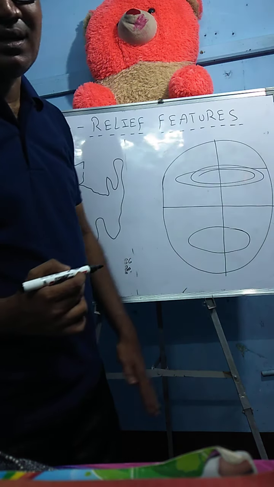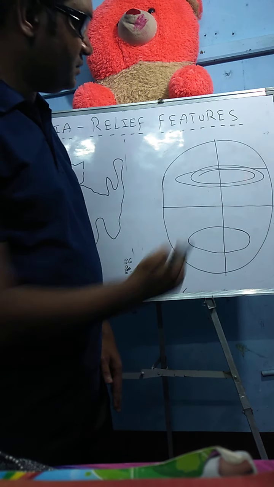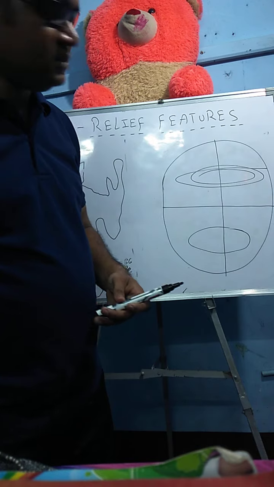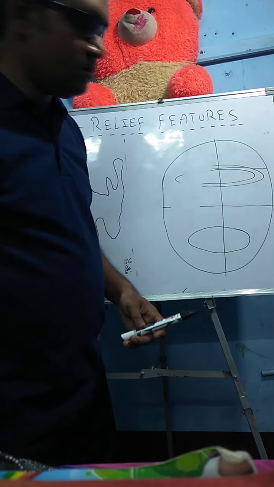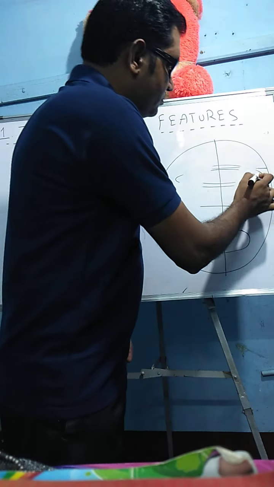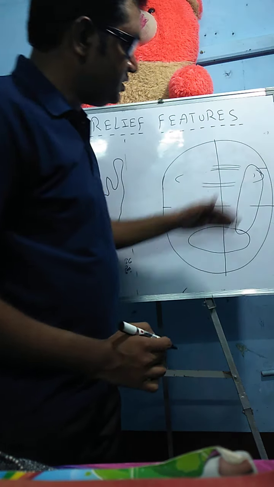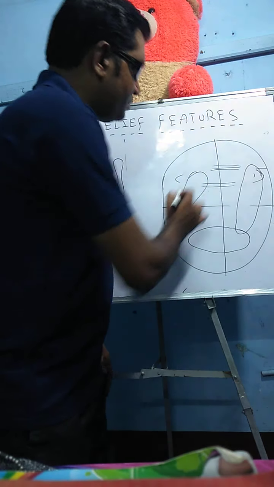The north side part is the northern hemisphere. These are the east, this location is the eastern hemisphere, and here the western hemisphere.